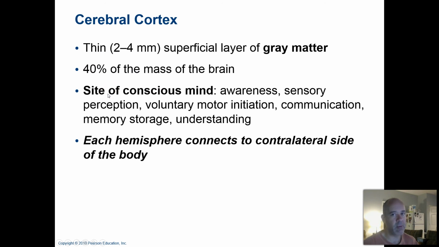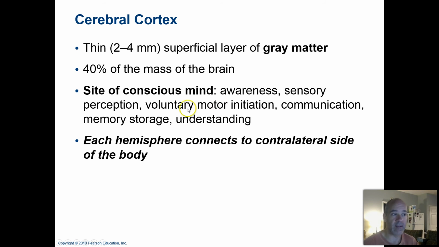One of the key things to remember about your cerebral cortex, this is where the conscious mind exists. So this part of the brain is involved in awareness, what's going on around us, self-awareness, what constitutes me, what are my body parts, what's my left and what's my right, and so forth. So all your sensory perceptions are interpreted in that area.